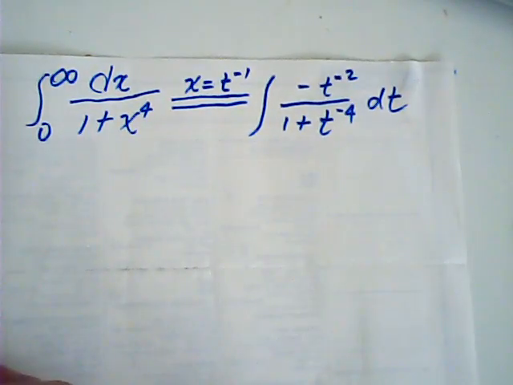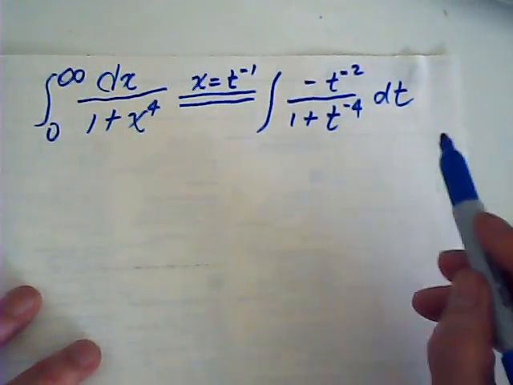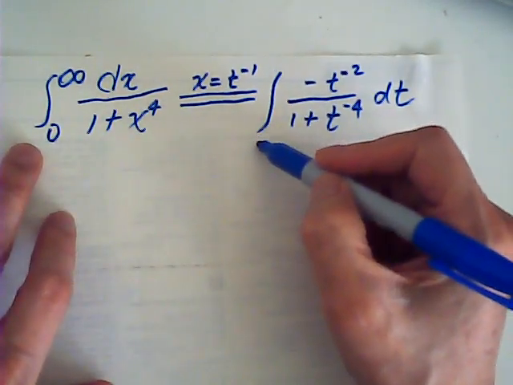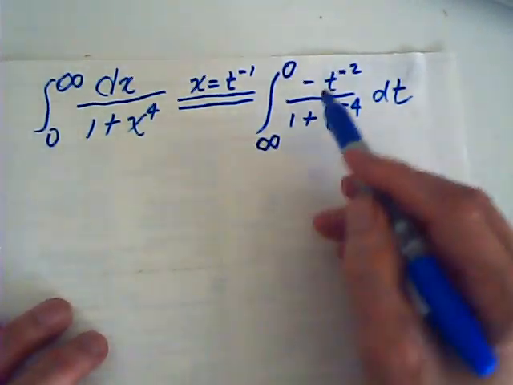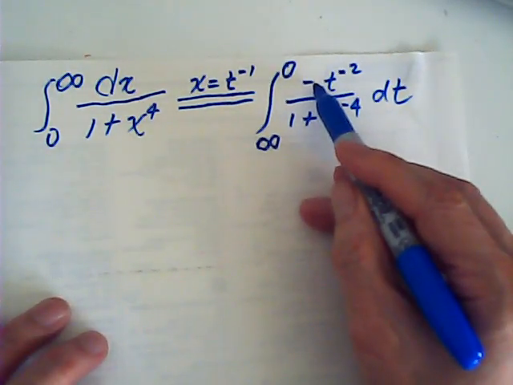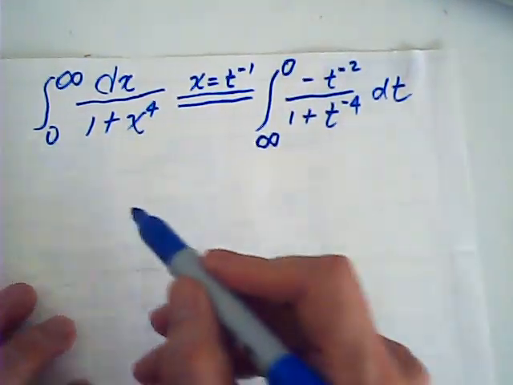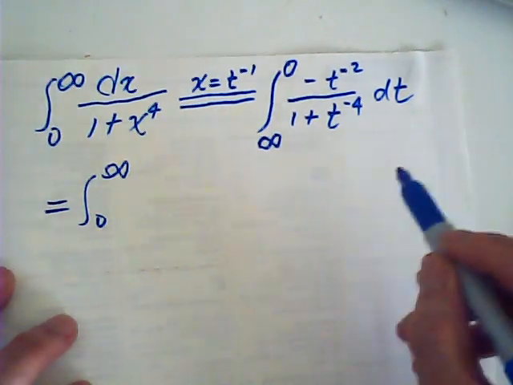Yeah. Okay, then change it to t. This becomes infinity, it becomes 0, right? Now then we change the limits by cancelling that negative. So this one becomes 0 to infinity.